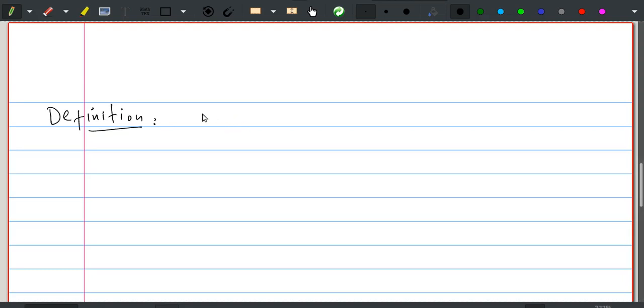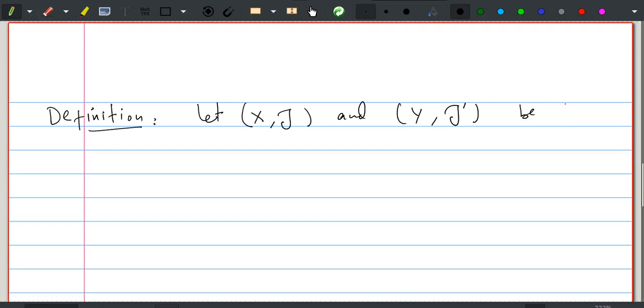Let (X, T) and (Y, T prime) be two topological spaces.